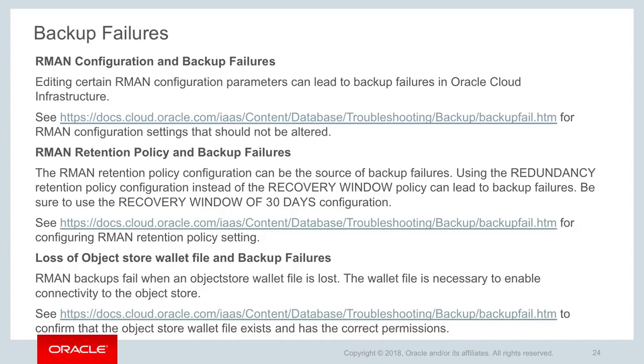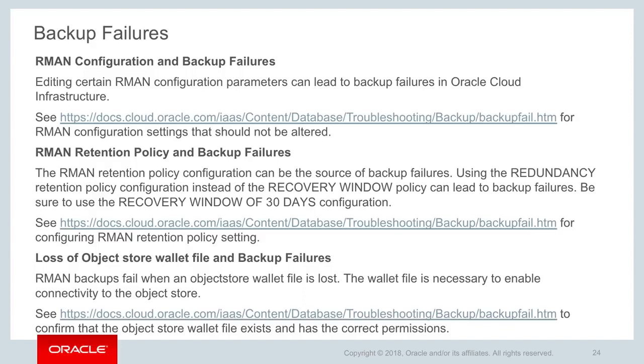Editing certain RMAN configuration parameters can also lead to backup failures in OCI. Take a look at the link provided there for RMAN configuration settings that should not be altered.